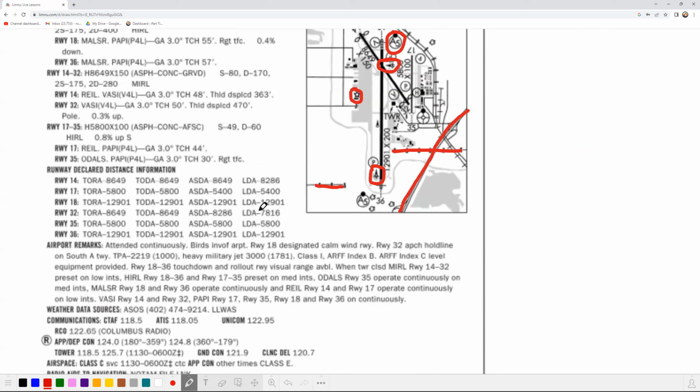Let's see here. What else? What is this number here? 3.0% for runway 17.